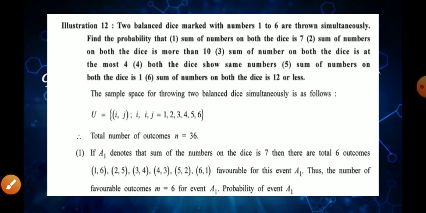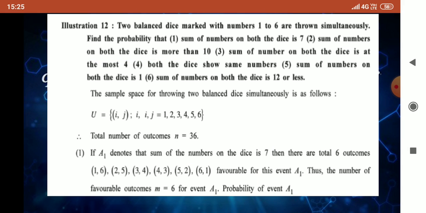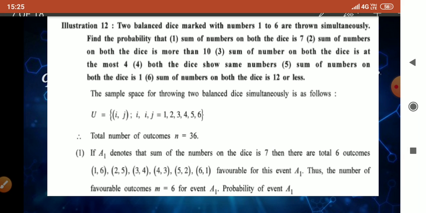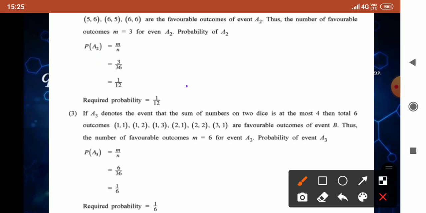Now second, the sum of the numbers on both the dice is more than 10. We have to take those numbers whose sum, meaning total, is more than 10. Let's have a look. See here, you can see we have more than 10: 5, 6, 6, 5 and 6, 6.